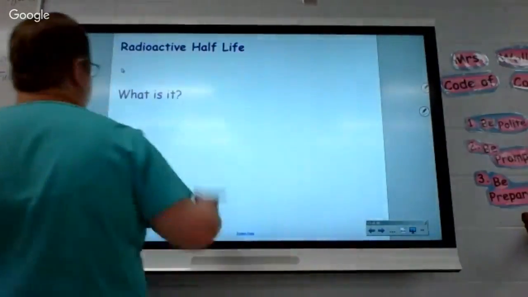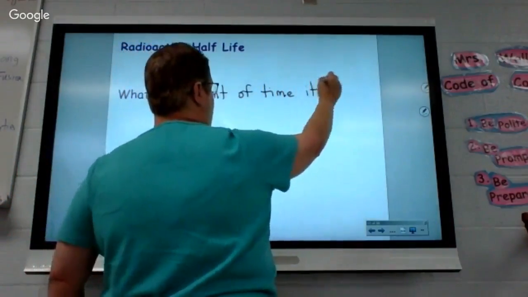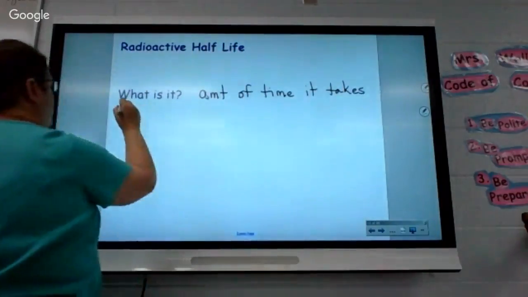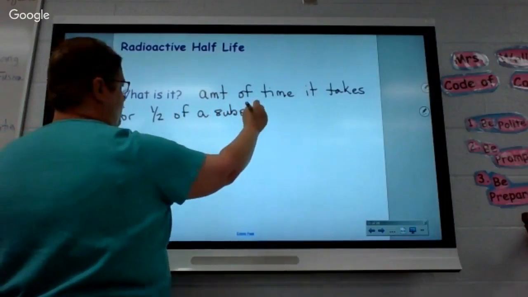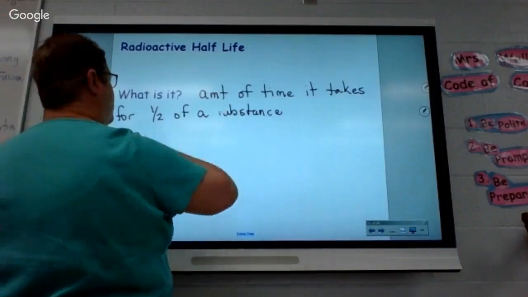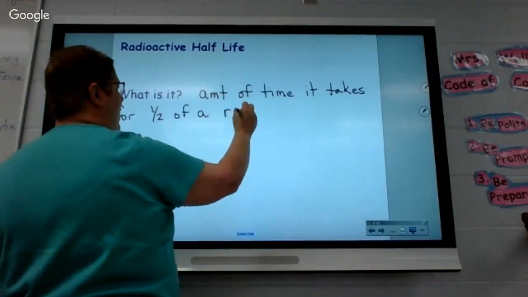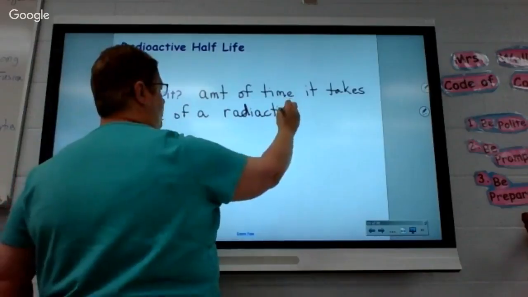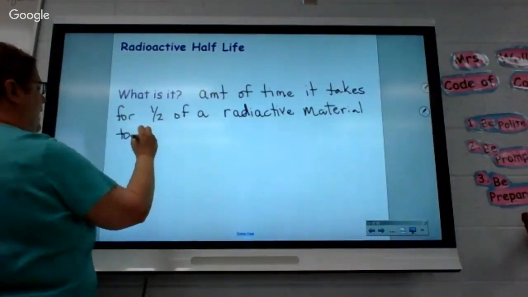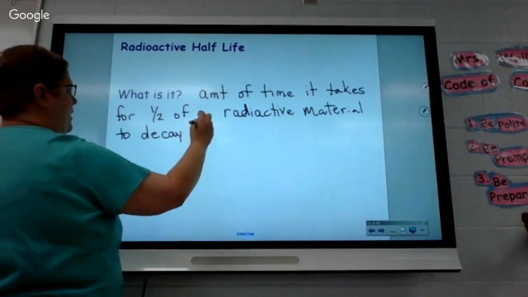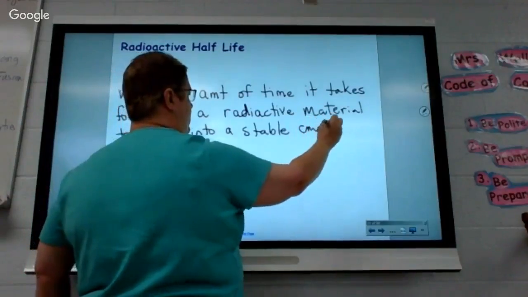Now, half-life is the amount of time it takes for 1/2 of a radioactive material to decay into a stable compound. I like that better.